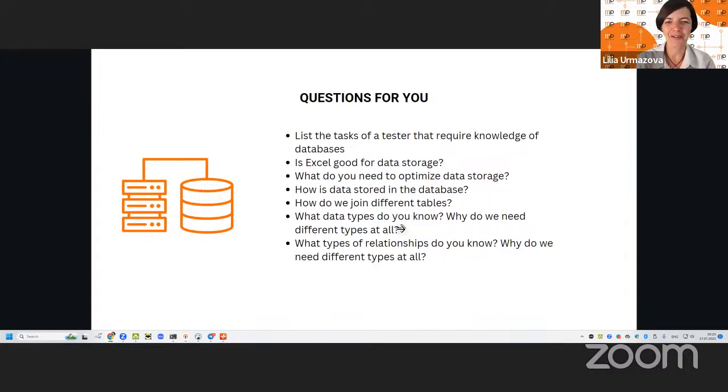So the next question is connected to the previous one. Why do we need to optimize data storage? I already answered it, but maybe somebody could add something to my long speech. Why is it needed? If we are not talking about speed, it is obvious that the speed is faster when the data is optimized. What else? What do you think?